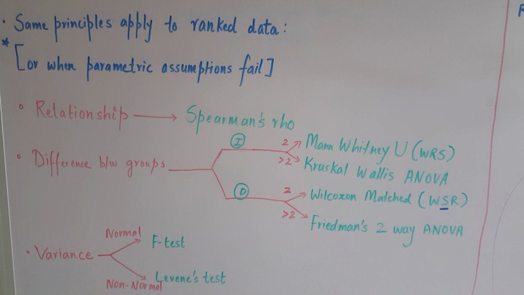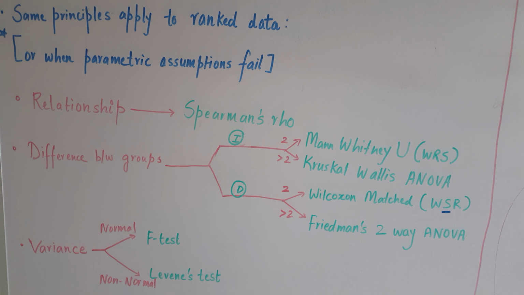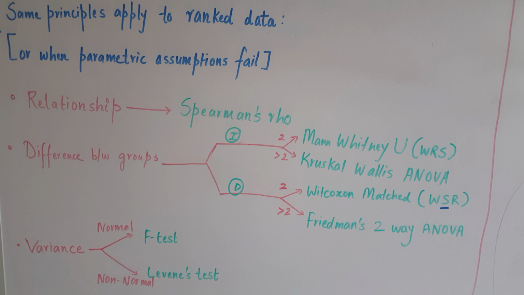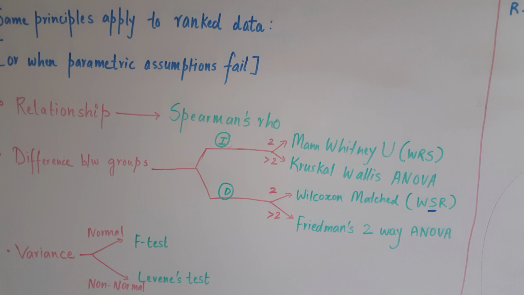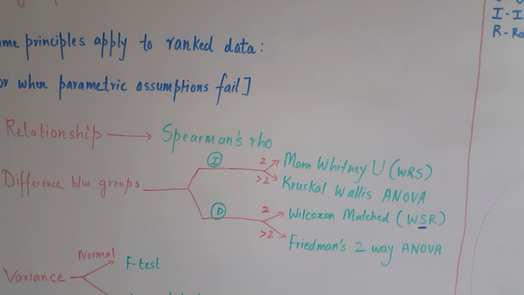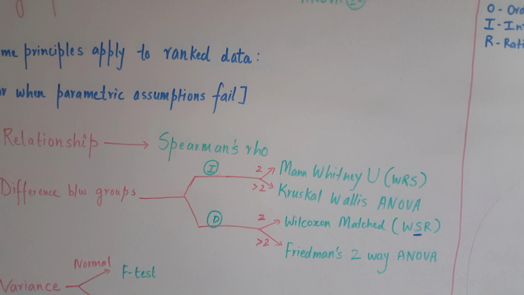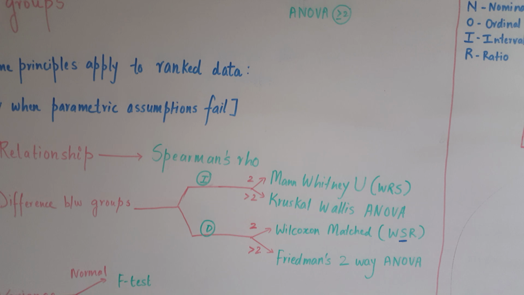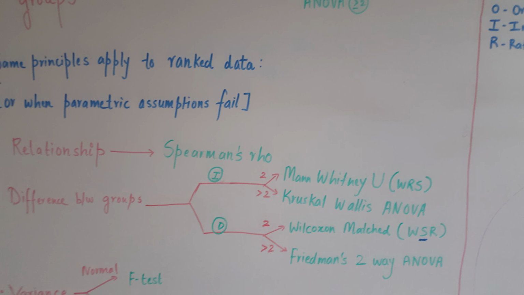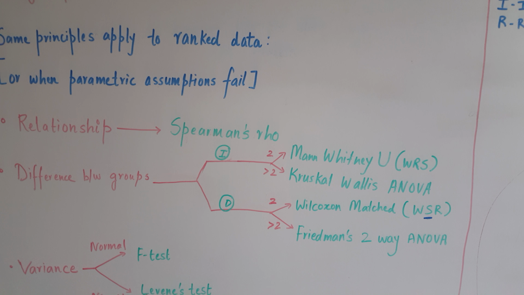So again, like we previously discussed, you can either check a relationship or a difference between the groups. If you want to check a relationship, you go on to use the Spearman's rho test. Spearman's rho is like your Pearson's r test, which is used if you want to check a relationship between two variables, but when your data is parametric.